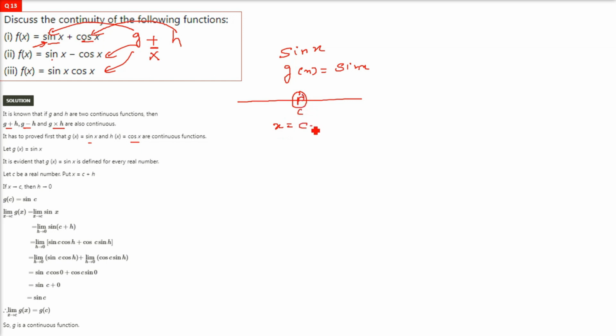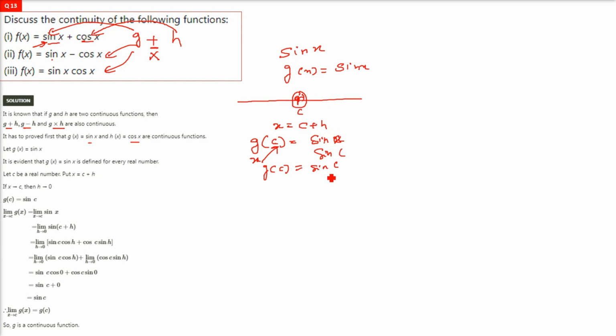So in this sin x and cos x, you replace x by c plus h. So when you put the value of c in this function, it should be sin c. That is, when x is approaching c, you should get sin c. I am just saying that x is not equal to c, but x is almost equal to c. So g of c should be equal to sin c.